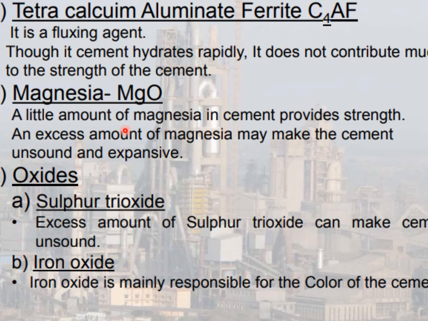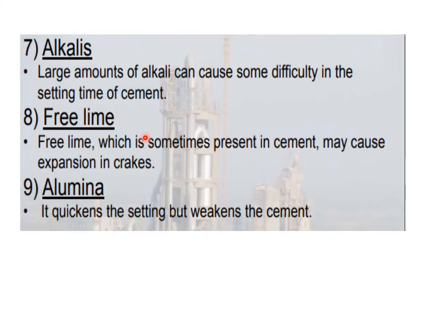So it should be within a limit. And you have different oxides like sulfur trioxide and iron oxide. Excess sulfur trioxide will make the cement unsound, and iron oxide is mainly responsible for the color of the cement. And we have some other compounds like alkalis, free lime, and alumina.